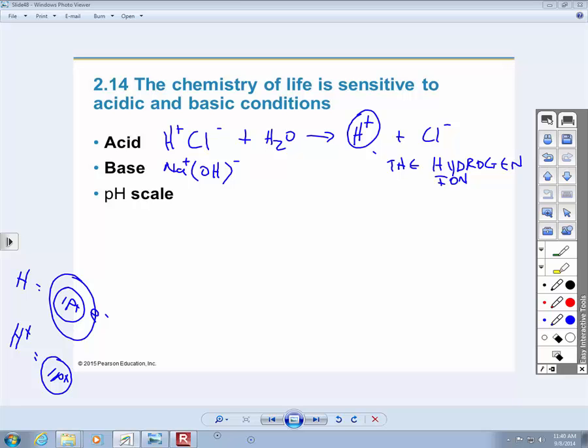And so if I add that to water, what actually happens is it's going to break up, and you'll have sodium plus, then you'll release the OH, which is negative, but the hydrogen ion will attract to that.